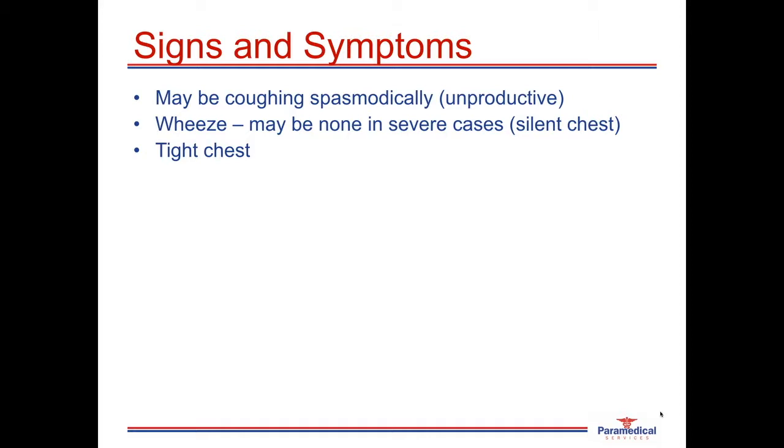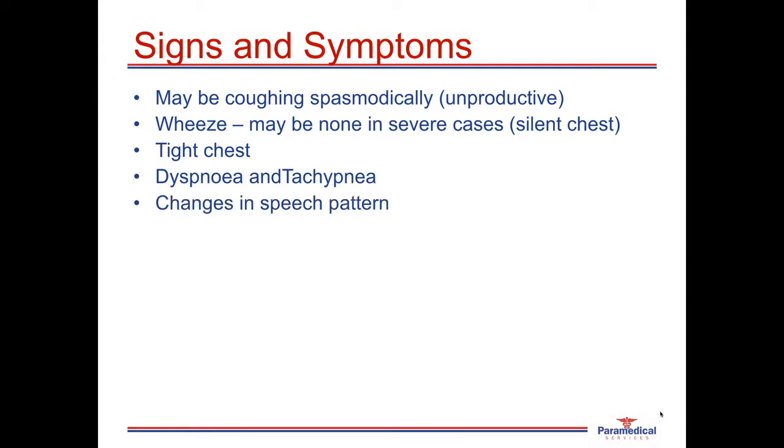Because of all these obstructions, patients feel like they have a tightness or squeezing inside their chest, which makes breathing quite difficult. So they often complain of dyspnea, and you might have a fast respiratory rate, the medical term being tachypnea.